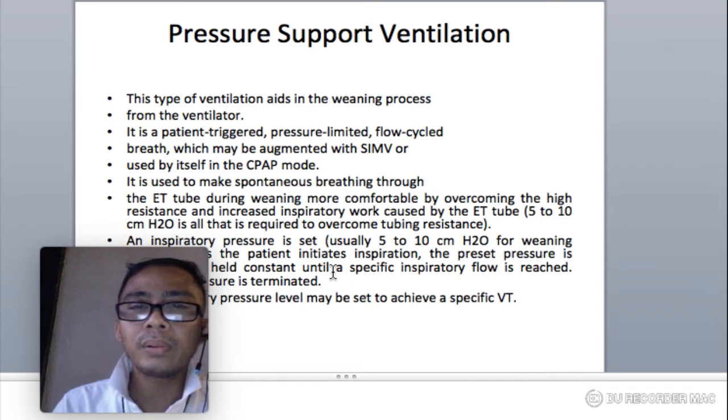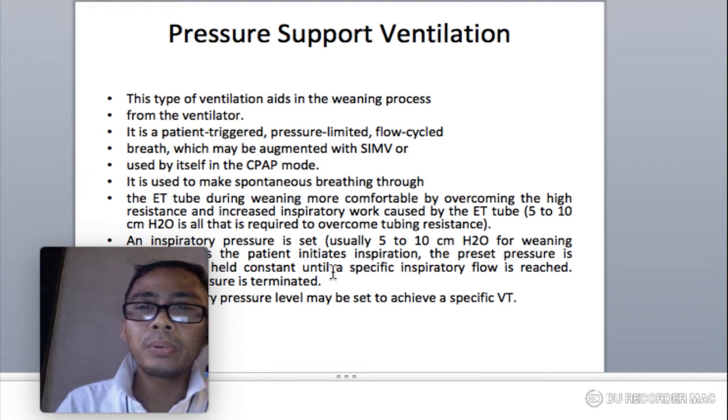This type of ventilation mode aids in the weaning process. When we say weaning, it means that you are testing the patient, priming the patient to be ready to extubate or wean off from the ventilator. So you are liberating the patient from a mechanical ventilator.